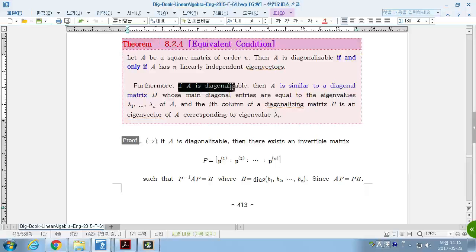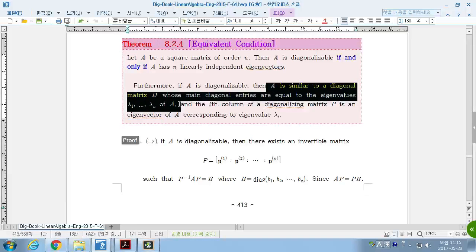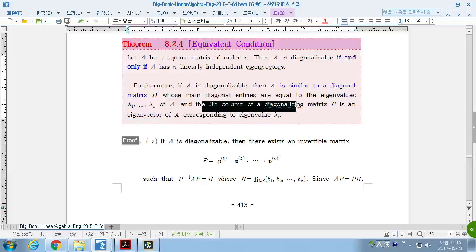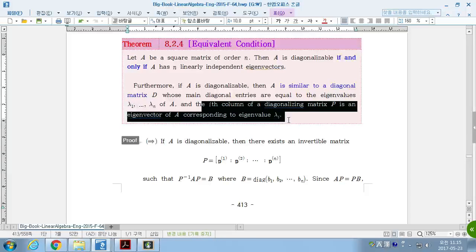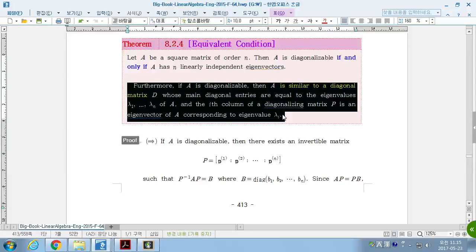With this, if A is diagonalizable, then A is similar to a diagonal matrix D, whose main diagonal entries are equal to the eigenvalues. And the ith column of the diagonalizing matrix P is an eigenvector of A corresponding to the eigenvalue lambda i of A. If it is diagonalizable, then you have an invertible matrix P such that P inverse AP is a diagonal matrix, and so it's similar.